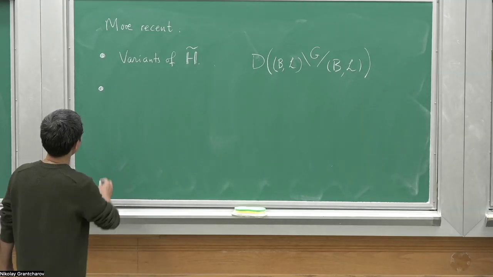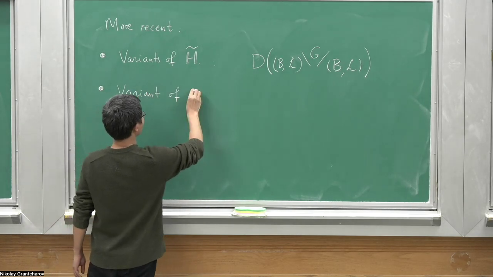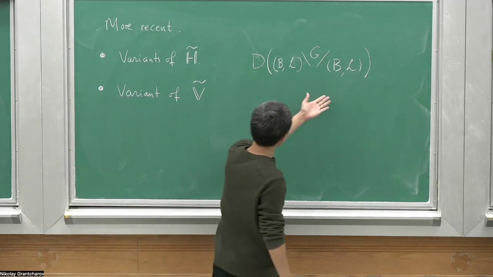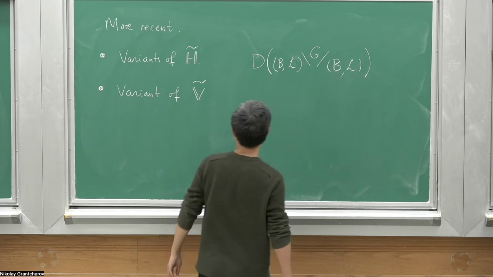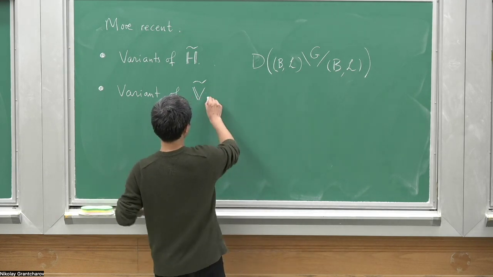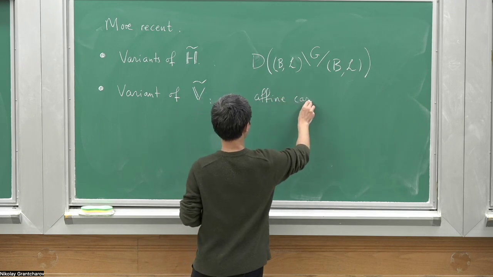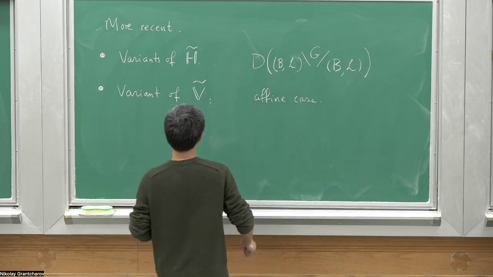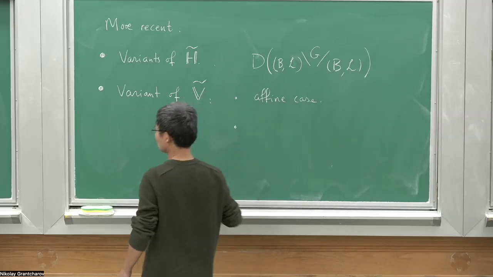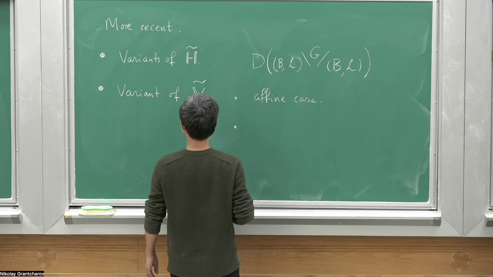And there is a variant of V again with this local system, and there I want to talk about the affine case variant, which is more interesting, and which is already in the work with Bezrukavnikov, because that works for any Kac-Moody group.